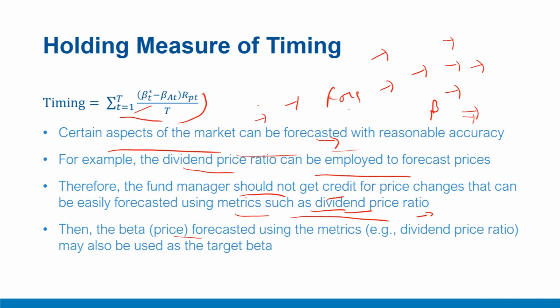Once we have that portfolio beta based on holdings, we estimate a holding measure of timing like this EGB measure, where we see whether the beta of the portfolio is deviating from its target or agreed upon beta or policy beta or some kind of long-term target beta, and whether these deviations follow or anticipate future market movements and try to benefit from it.